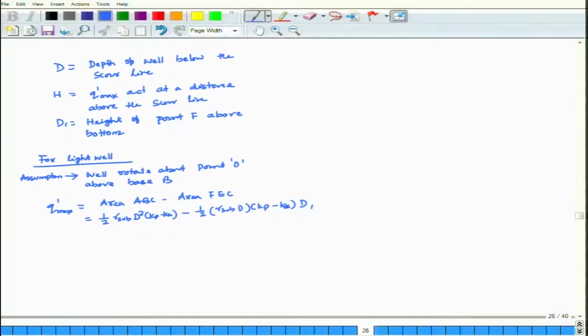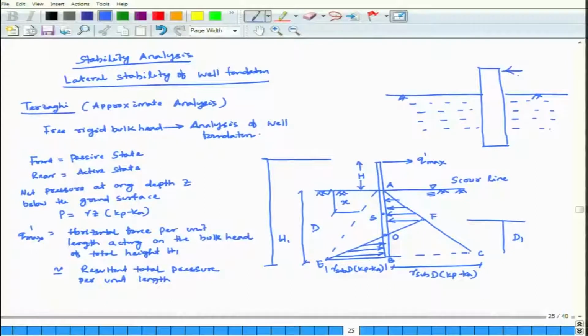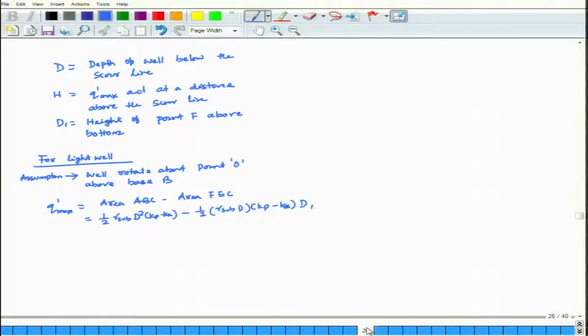Area FEC, instead of half, here it will be 2 times gamma submerged d (Kp minus Ka) into D1.